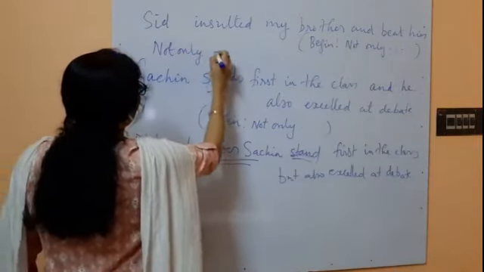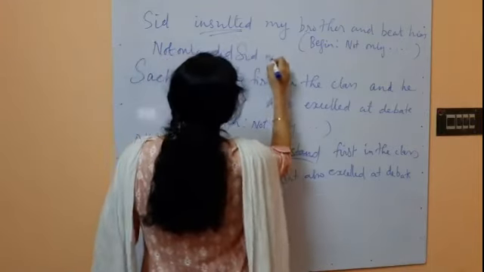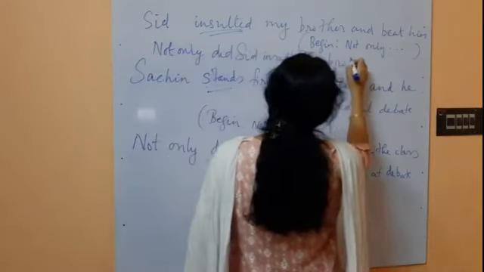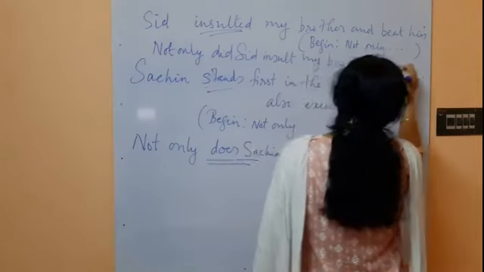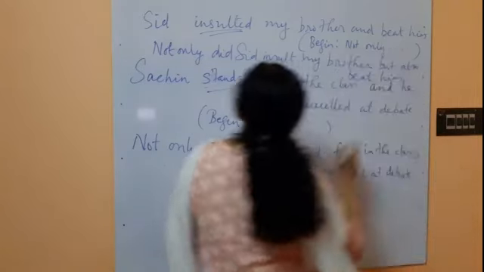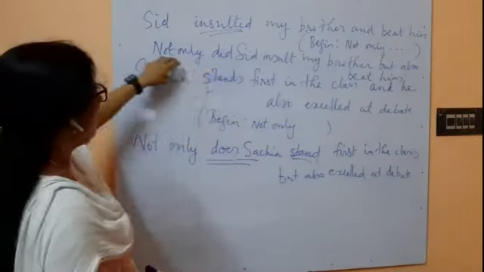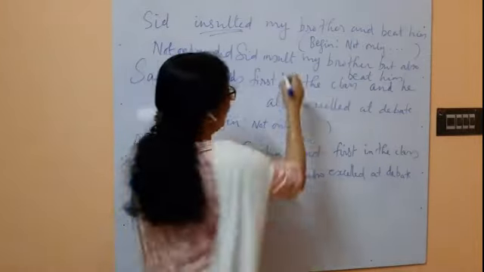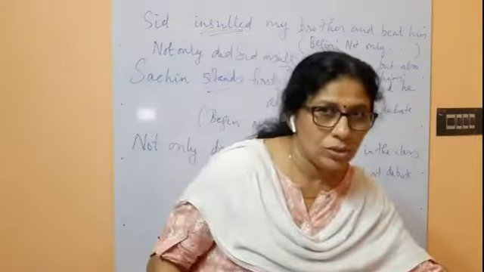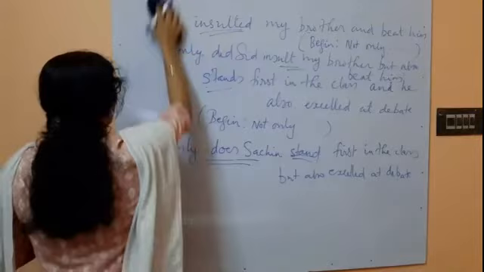Not only did, as insulted is there, did Sid insult my brother, but also beat him. Okay, Sid insulted my brother and beat him. Begin with not only. Not only did Sid insult my brother, but also beat him.